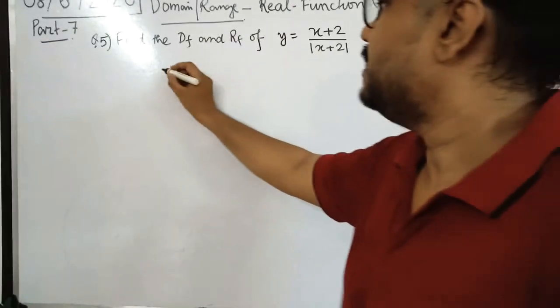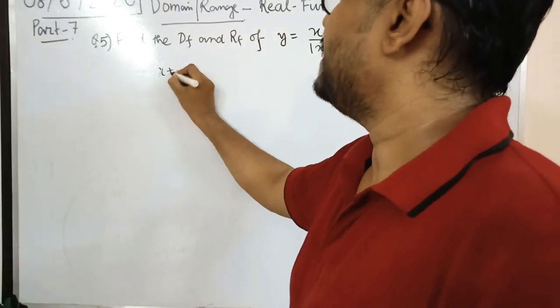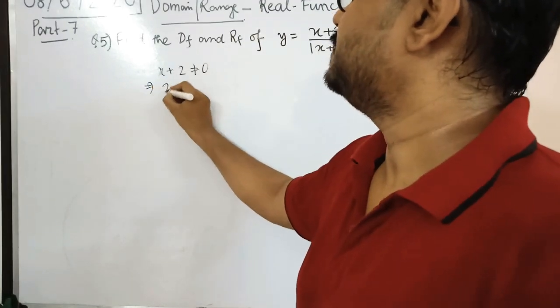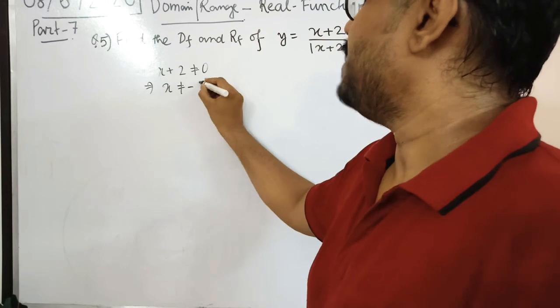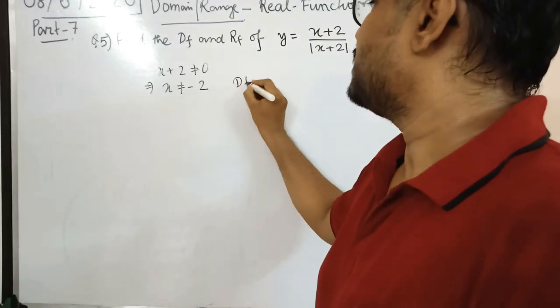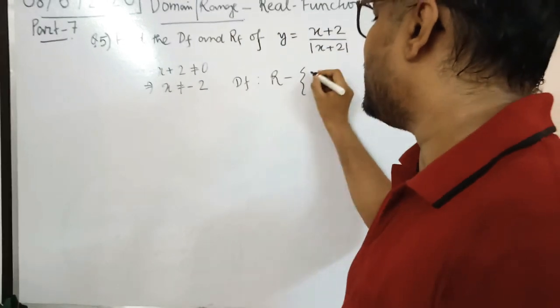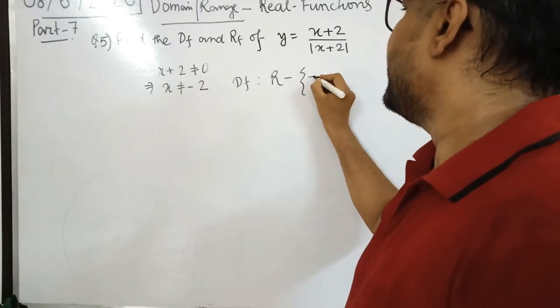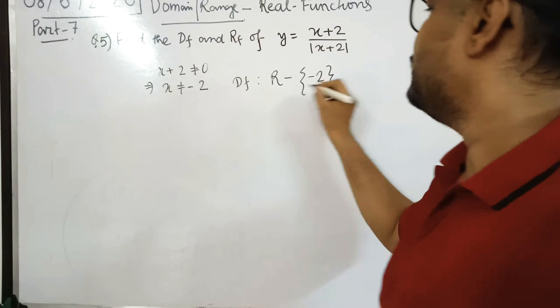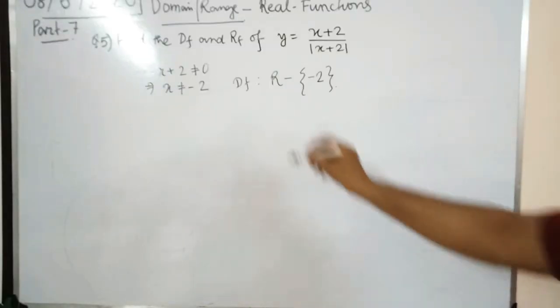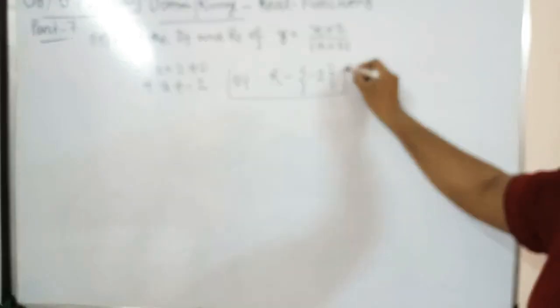So you have to write that x plus 2 should not be equal to 0. That means x is not equal to minus 2. That means DF is R minus, all real values except minus 2, because if you put minus 2 it becomes undefined. So this is the domain of the function.